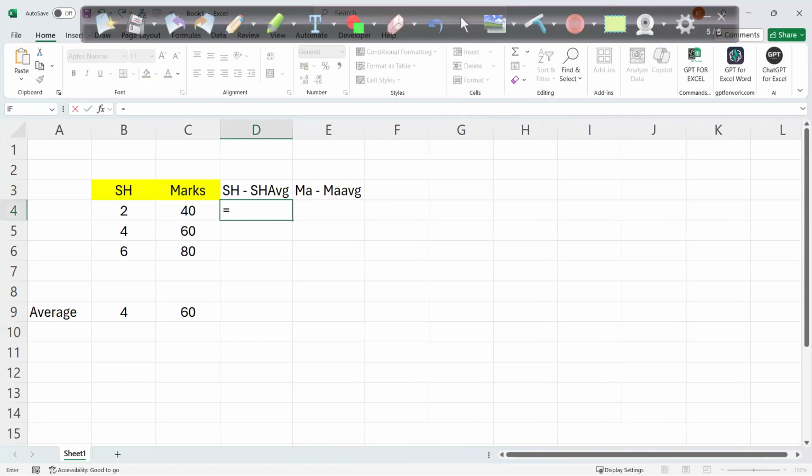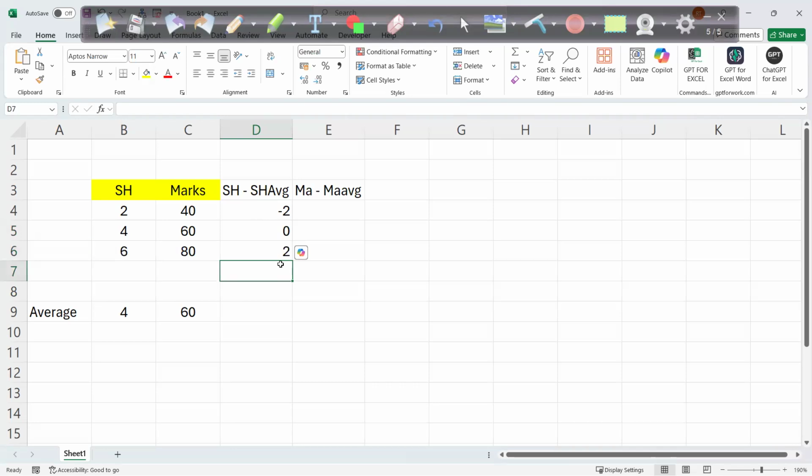So xi is this value, minus x bar, which is this value. Let's go to the second one. Xi is this value, and x bar is this average.